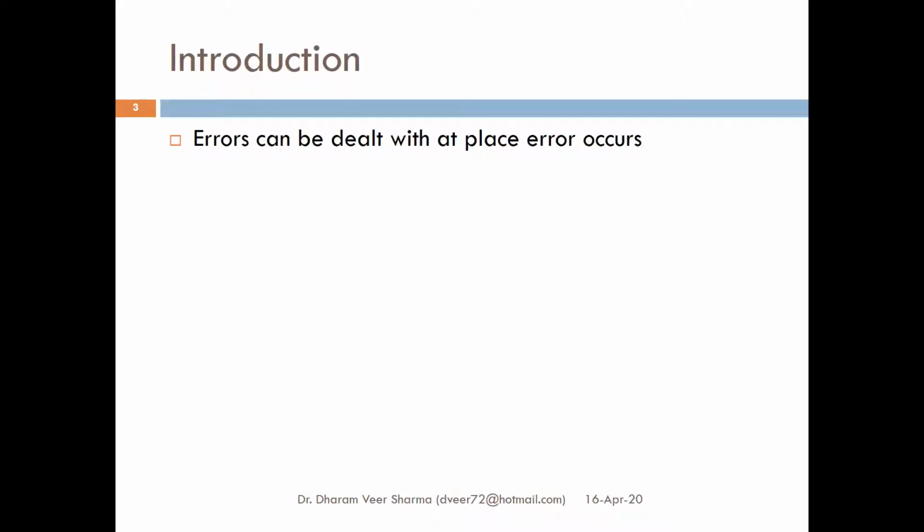And after opening without checking, you are trying to read from that. That is an exception because the file doesn't exist, you can't read from there. Similarly, if the array bound or array index goes beyond the boundaries, again it is an error. So errors can be dealt at where they occur.